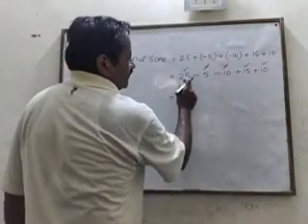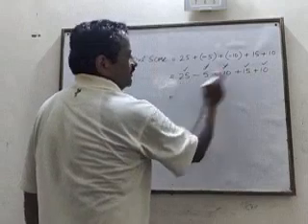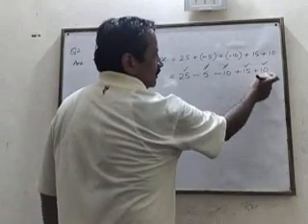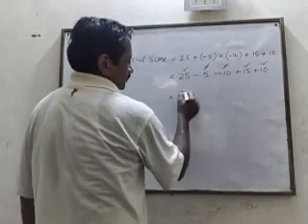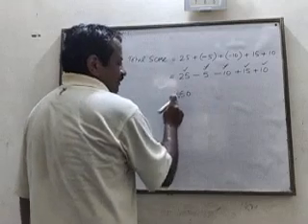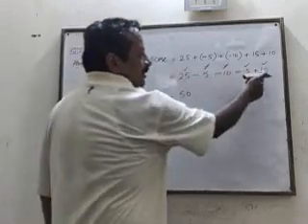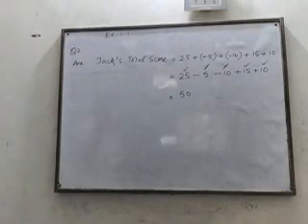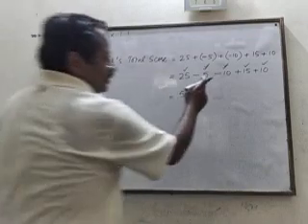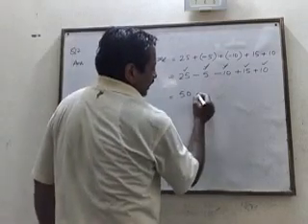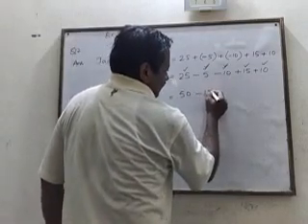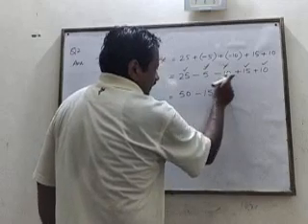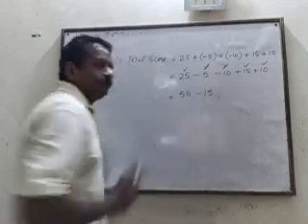So these three will be added. 25, 15, 40 plus 10, 50. And sign will remain same in the result, that is of plus, because we are adding the positive numbers, so sign will be positive in the answer. Because we are adding negative numbers, so sign will be negative in the answer. After adding, sign will remain same.